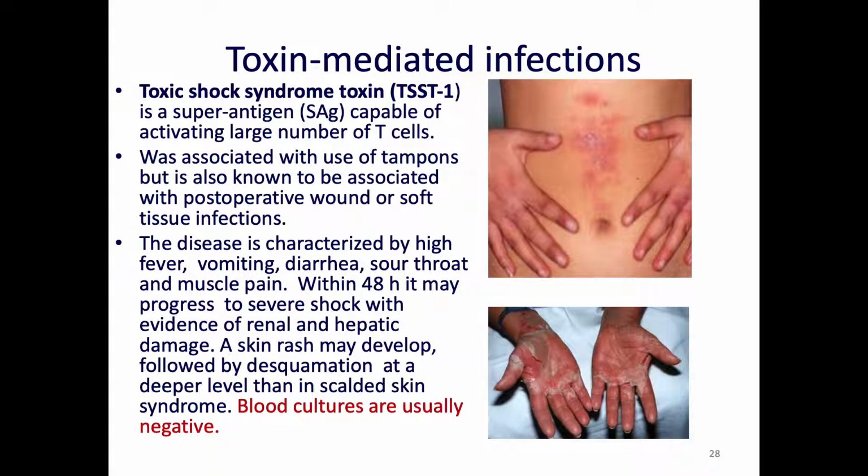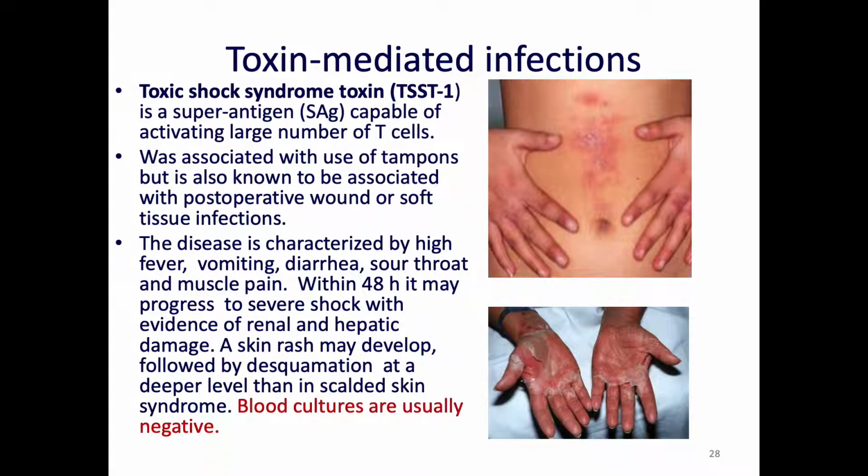The disease is characterized by high fever, vomiting, diarrhea, sore throat, muscle pain, which are symptoms of different diseases, including flu. Within 48 hours, it may progress to severe shock with evidence of renal and hepatic damage.